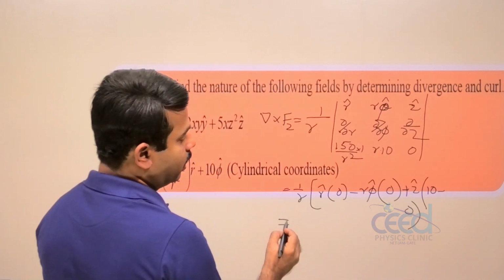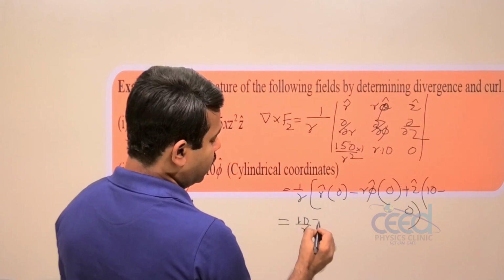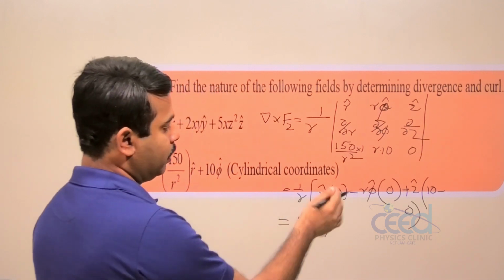Now look here, this is 10 by r z cap, remaining all 0.